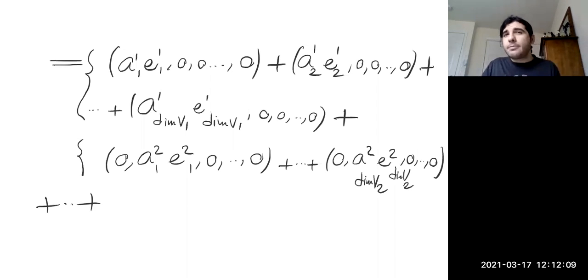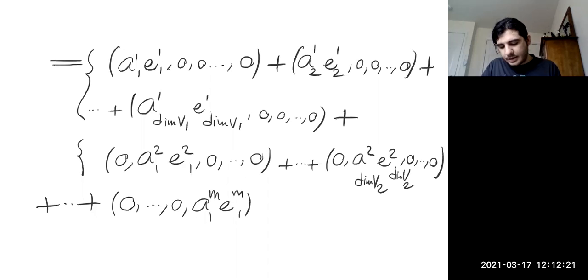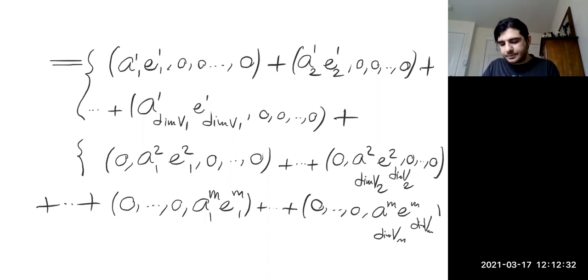You should do the same with all other vectors until the last vector. For the last vector, we have 0, 0, and the last component would be am1 em1 until am dimension of Vm times em dimension of Vm. This is for the last vector.